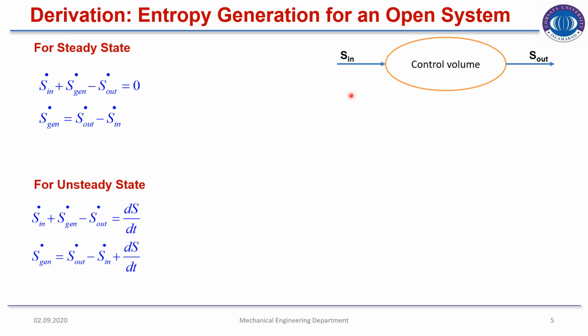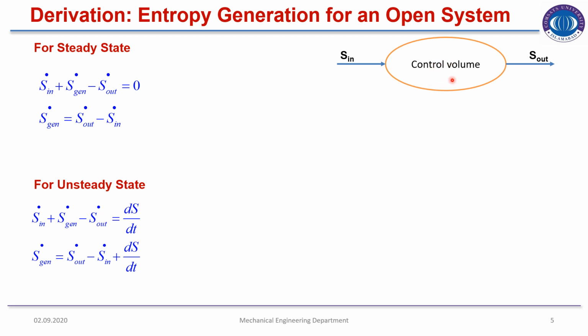Let's suppose 5 kg of mass is entering the system and 4 kg is exiting, then 1 kg of mass is accumulated within the control volume. As entropy is associated with mass flow, certain entropy will be accumulated with the mass within the control volume.